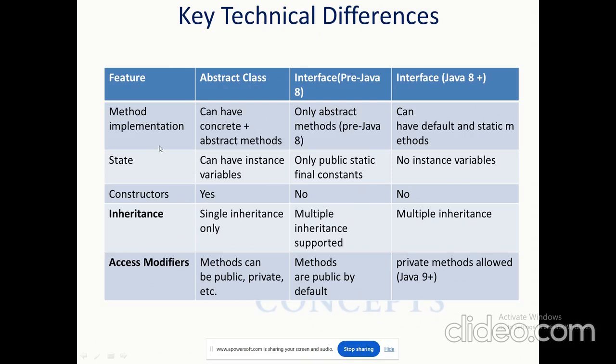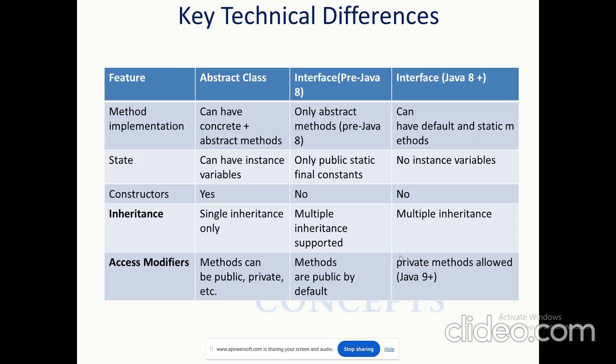With respect to method implementation, abstract class can have both abstract and concrete methods, whereas interfaces prior to Java 8 have only abstract methods. Post Java 8, default and static methods have been allowed to add new functionality to the interfaces without breaking the existing code. Now, interfaces still cannot have instance variables as it defines a contract, not a state.